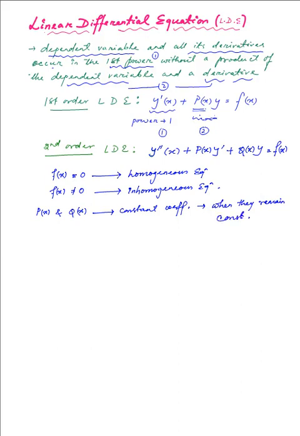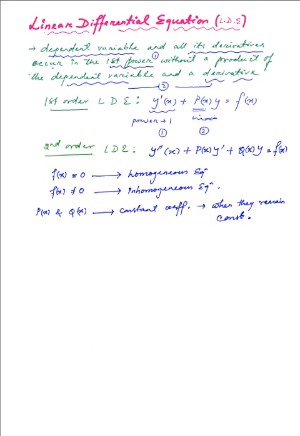It may so happen that they are dependent on x, but not explicitly in the equation. So in that case they are just numbers, multiplied with x to the power 0. x to the power 0 is 1, so in that case they remain constant.